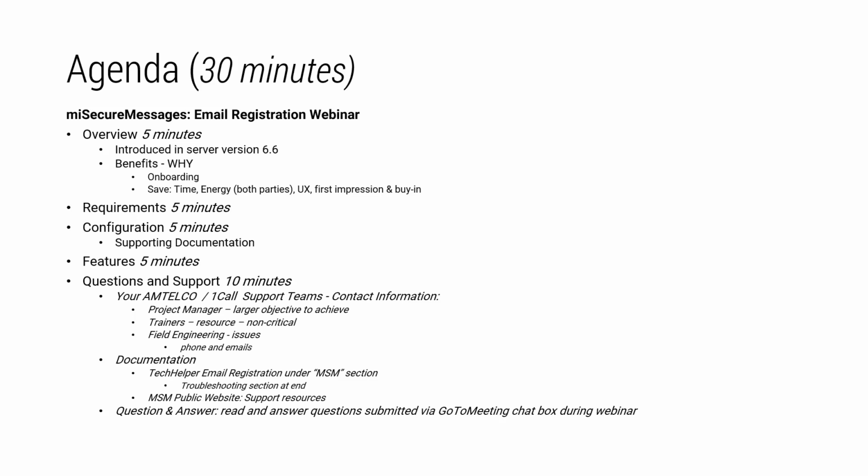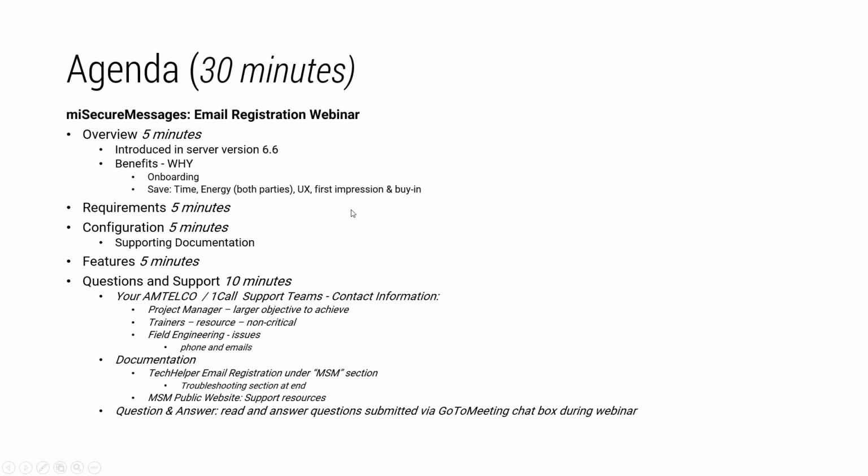It's going to give them a really good user experience and first impression, and really help with that buy-in, because you need that continued usage. You can't just say, this is the way it is, deal with it. I mean, that may work, but it's always easier when they like to use it, right?